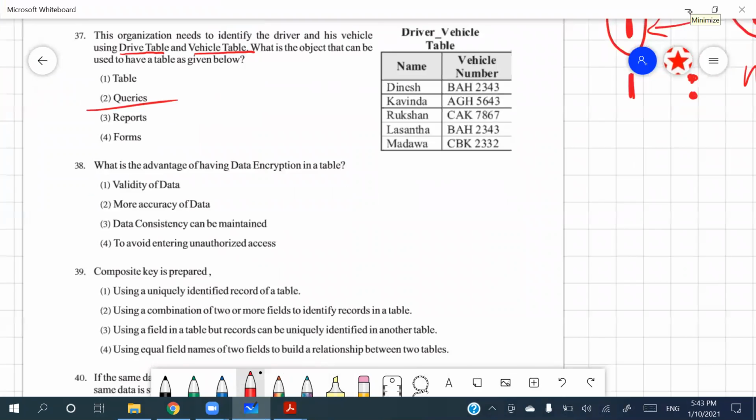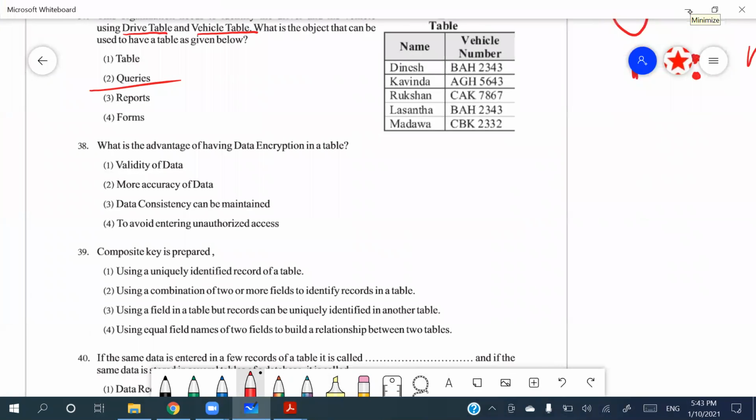In 38, what is the advantage of having data encryption in a table? It is just for security, right? So validity of data, more accuracy of data, data consistency can be maintained to avoid entering unauthorized access. It's the fourth one, because encryption means you scramble the content of something, which in this case is a table.